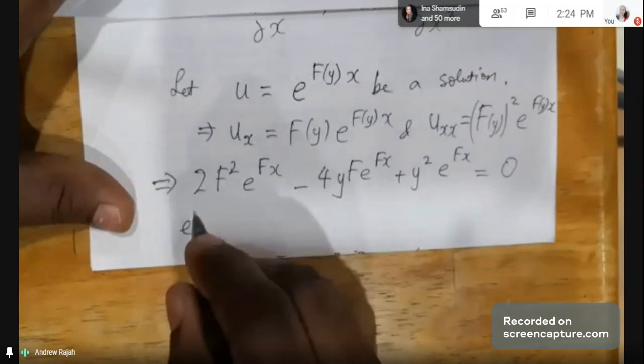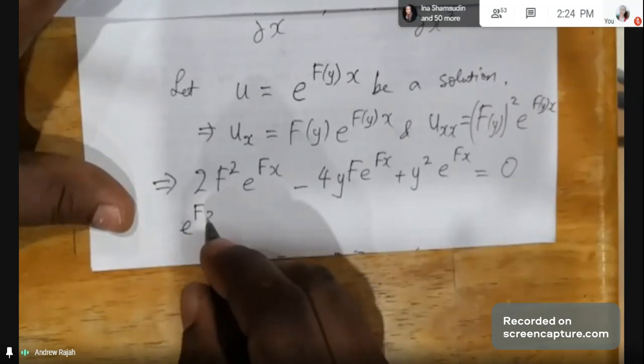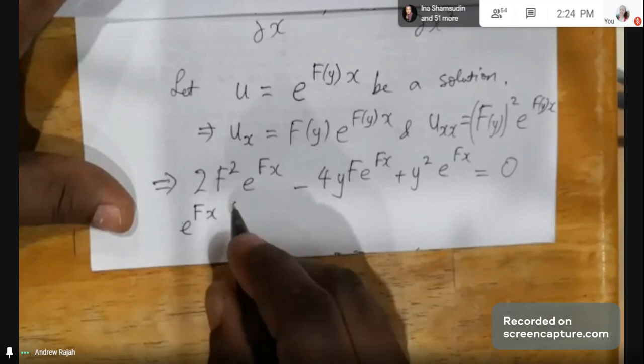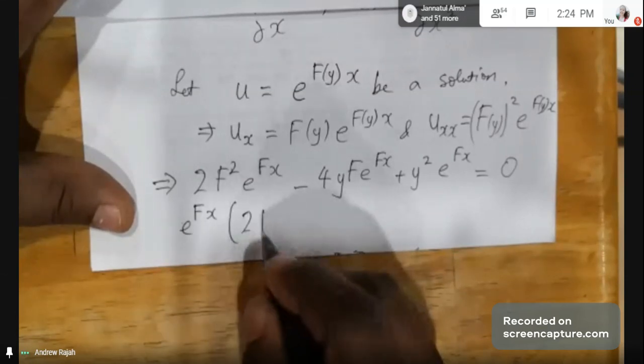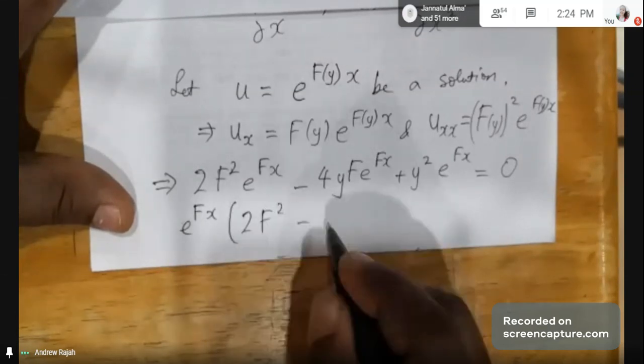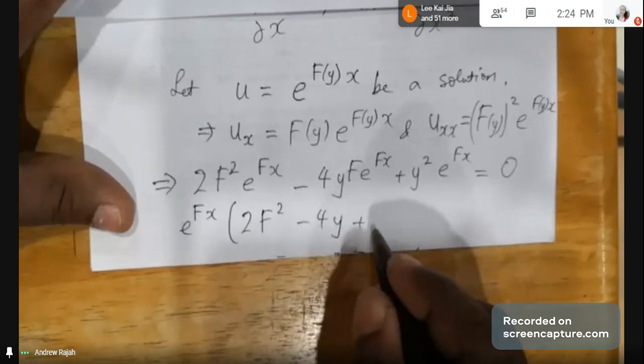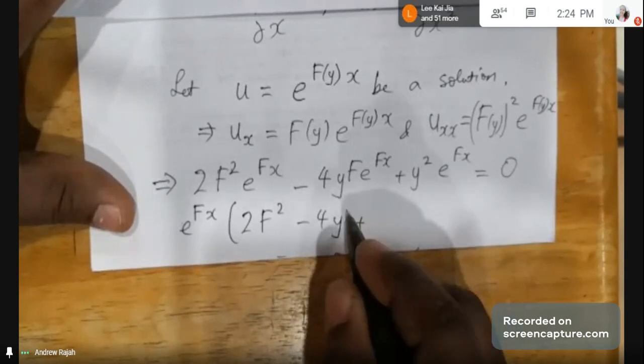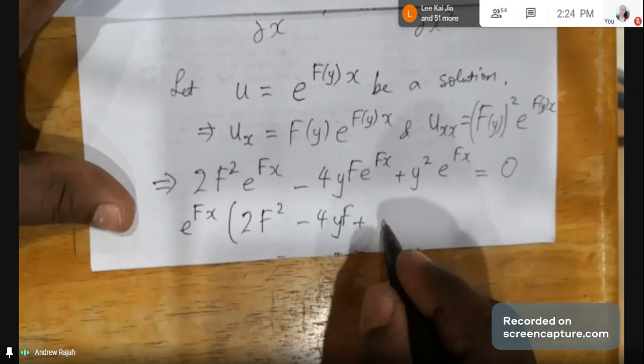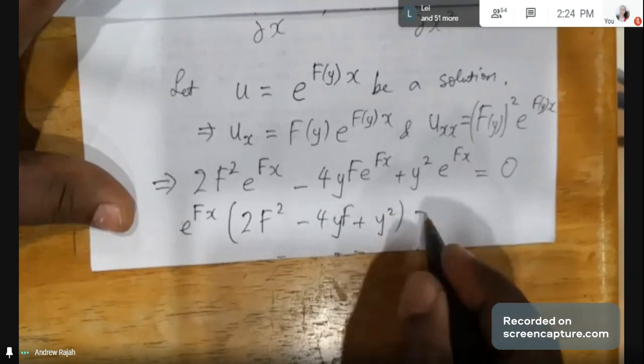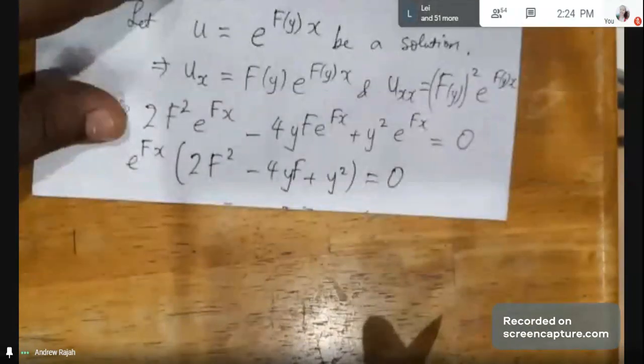So e to the power of f x times 2 f squared minus 4y f plus y squared. Okay, same idea again.